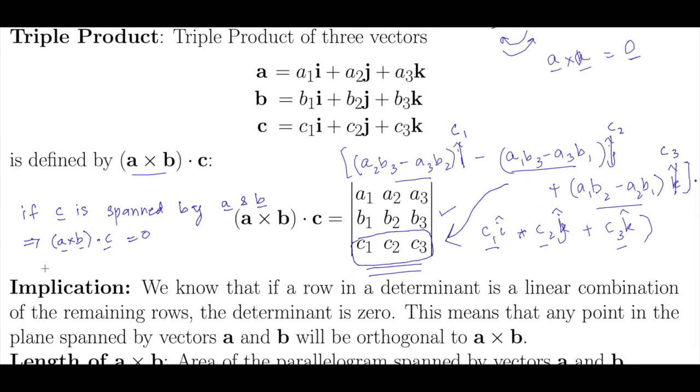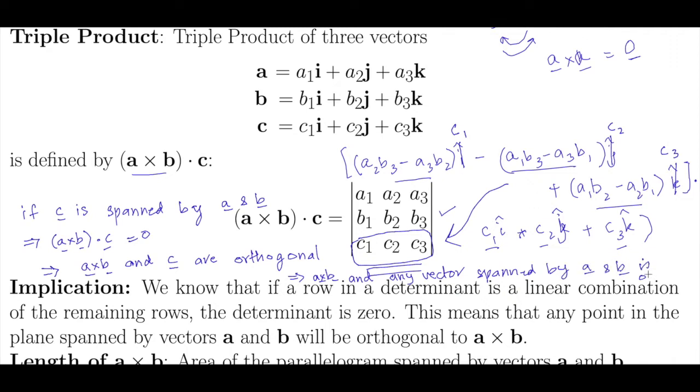Okay. So this also means that a cross b and c are orthogonal. So this also means that a cross b and any vector spanned by a and b are orthogonal.